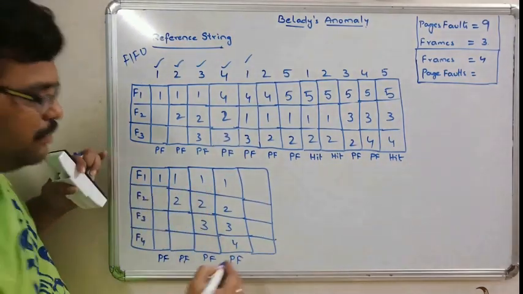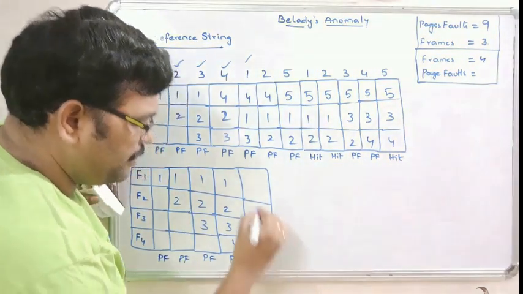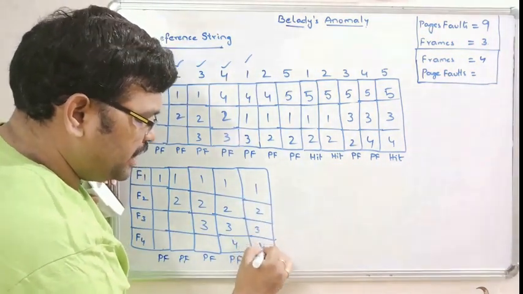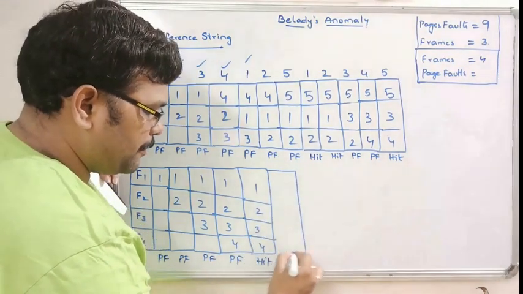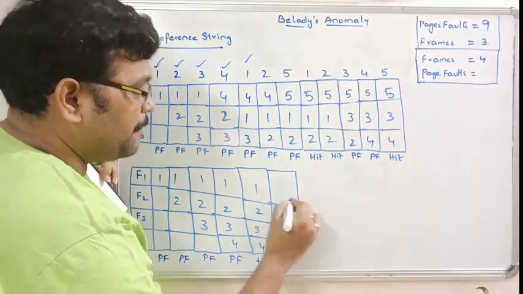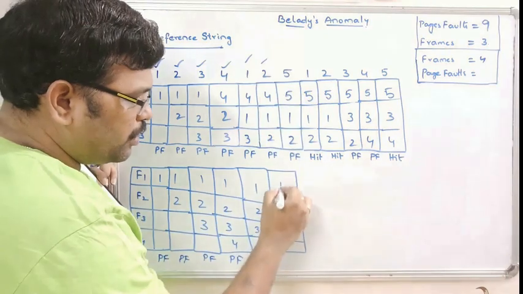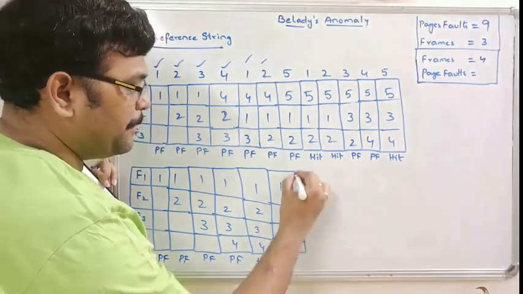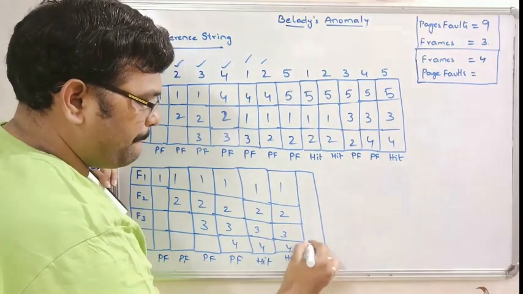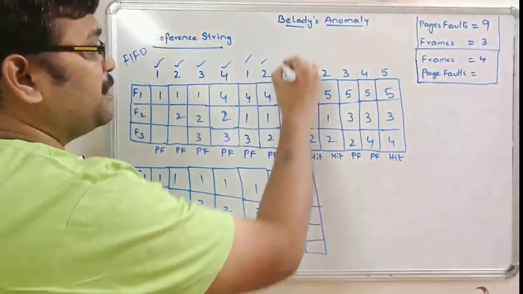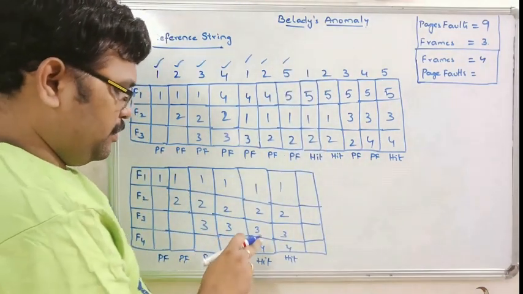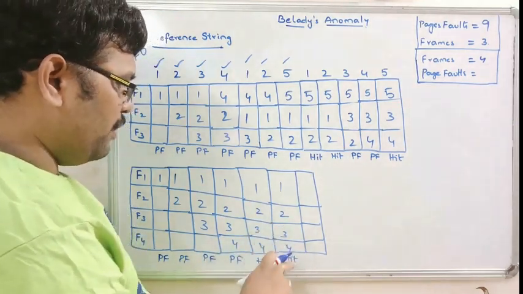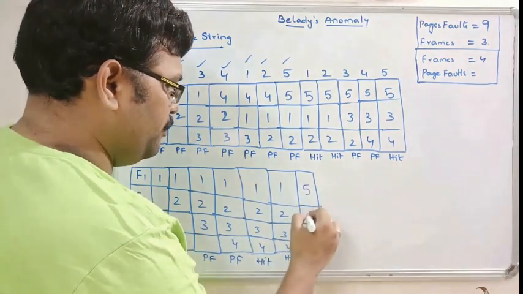1 is already there, so it is a hit. We need not change the page. 2 is also available in memory, so again it is a hit. Then 5 is not available, so we have to replace 1 with 5.